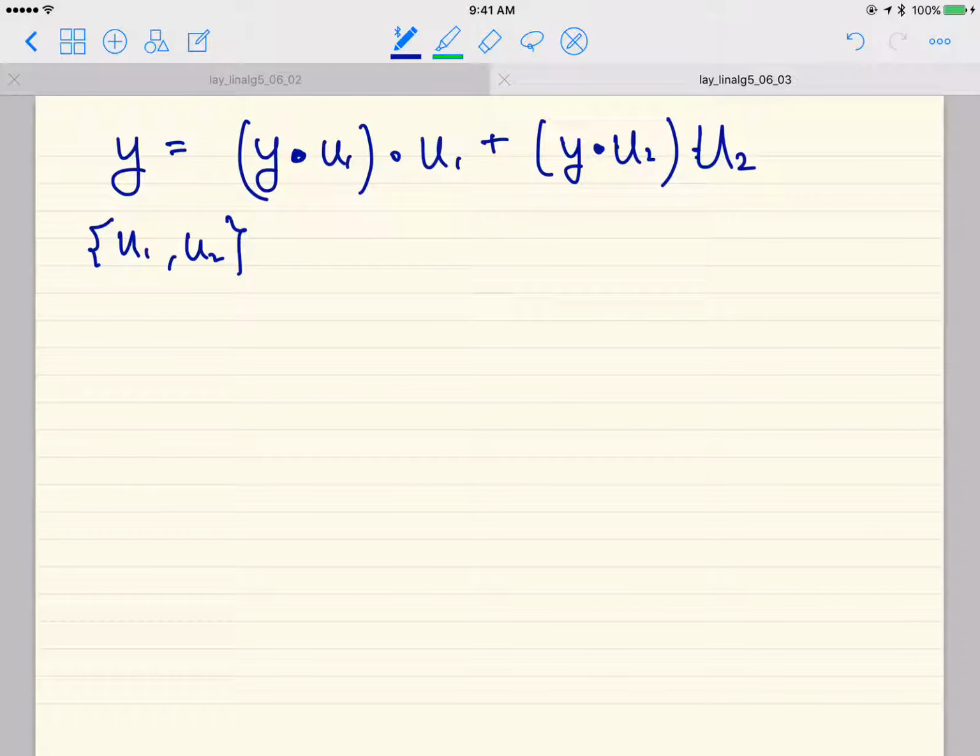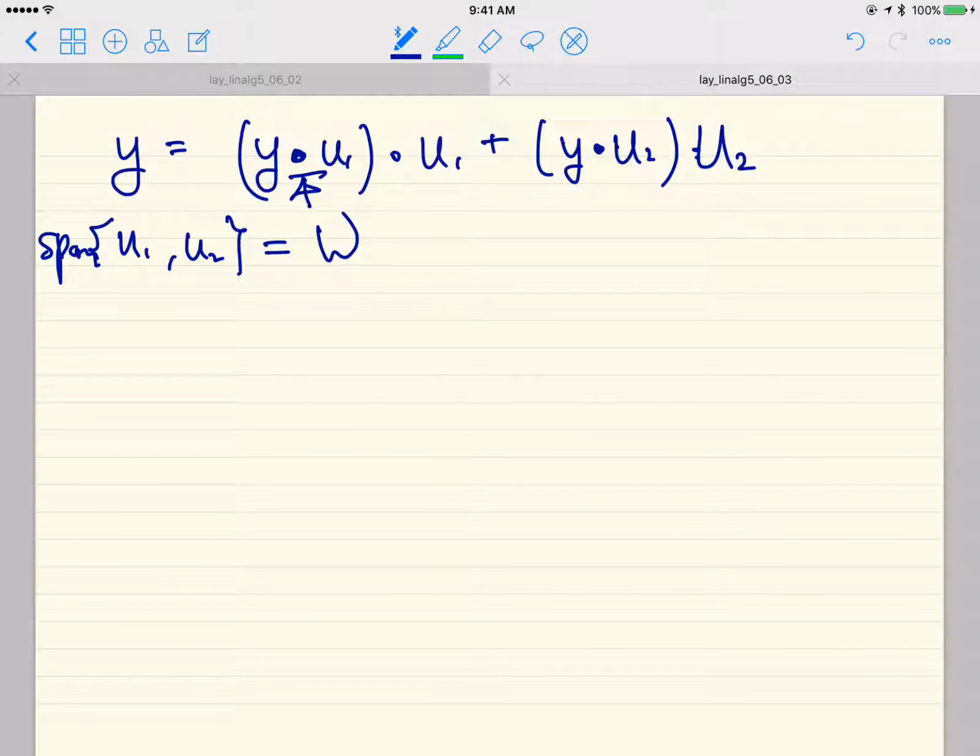This is your orthogonal projection onto the subspace spanned by these two orthonormal basis vectors. Okay, now we will do a really clever trick.